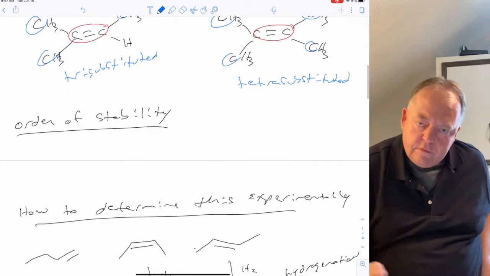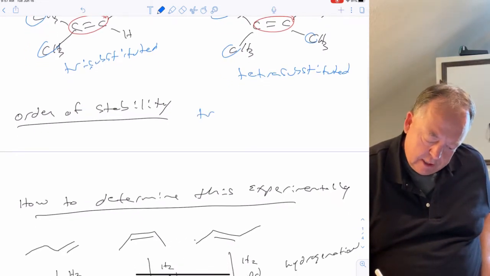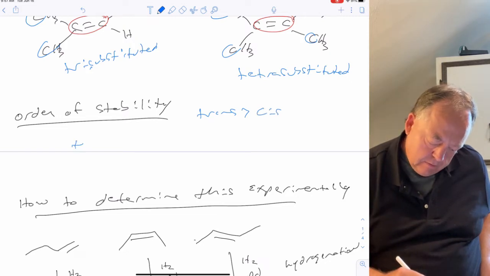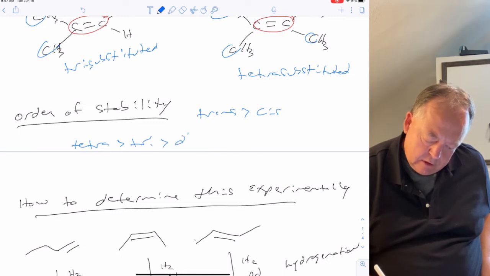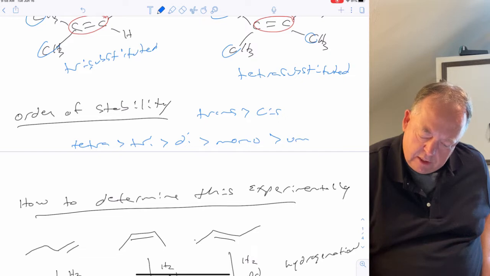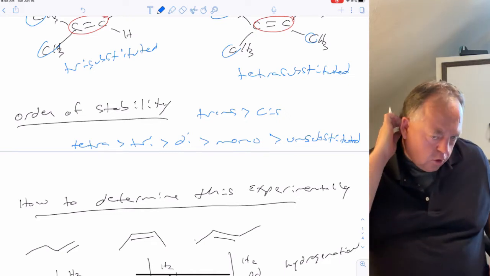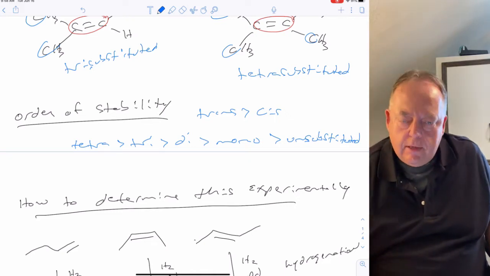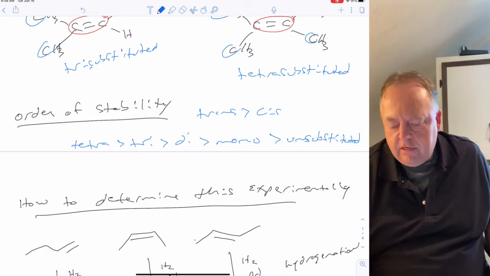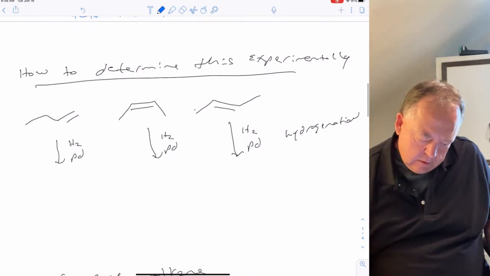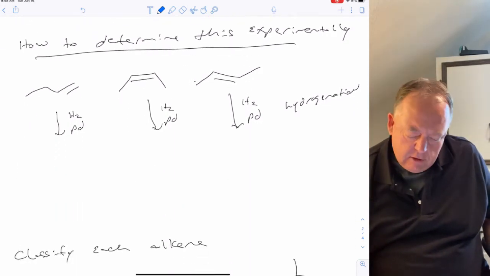The general order of stabilities of alkenes is that trans is more stable than cis, and tetra is more stable than tri, which is more stable than di, which is more stable than mono, which is more stable than unsubstituted. So the more carbons on the double bond, the more stable the double bond is, and the less reactive it is in general. So how can you determine this experimentally?